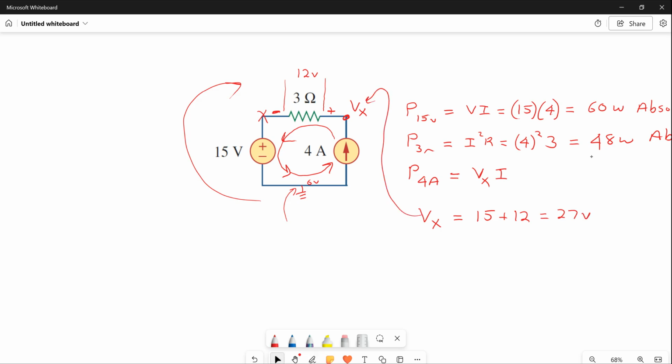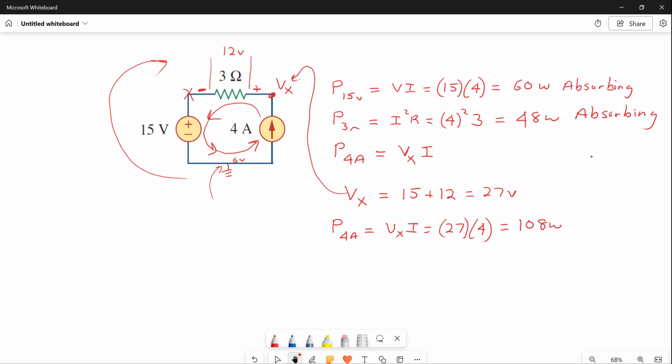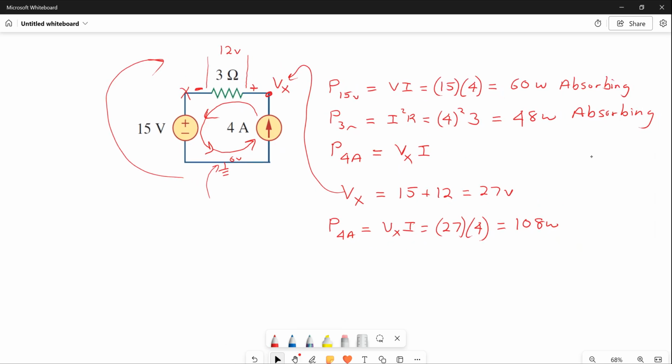Now you know the voltage across the current source. So now you can say the power in the 4 amp current source is equal to Vx times I, and you plug that in, 27 times 4, and you end up with 108 watts. But is that supplying or is that absorbing?